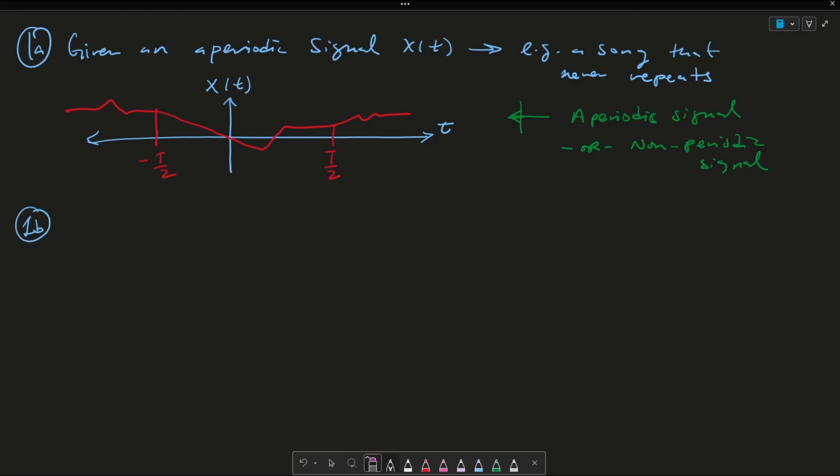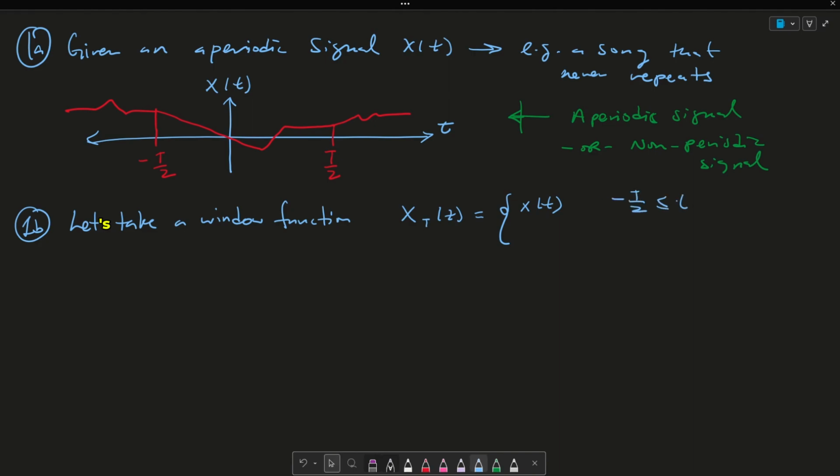Okay, so now let's move on to 1b. And 1b tells us that, okay, given this aperiodic signal, let's take a window function, where this window function, call it x capital T of t, is equal to x of t from minus t over 2 to t over 2, and then 0 otherwise.